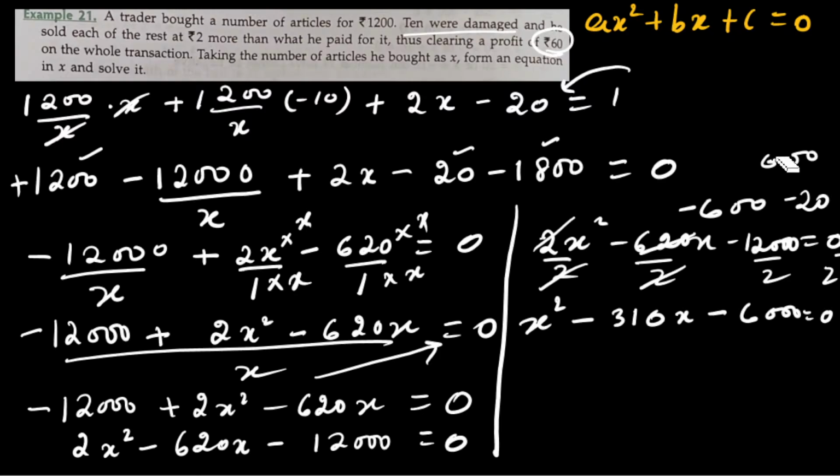Because 1200 plus 60 is 1260. See, no one told me. So this is 1260, I wrote 1800. So 1260, when we are shifting to this side, this entire thing became wrong. So this is minus 1260.